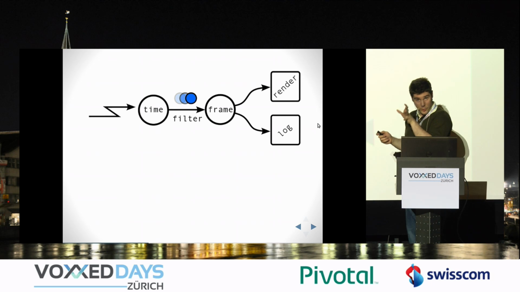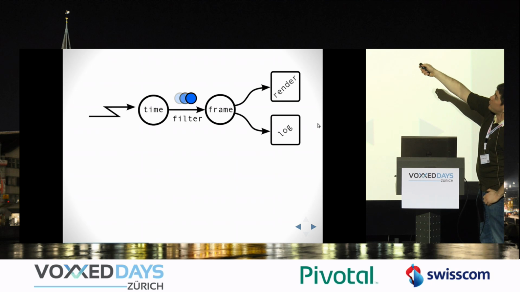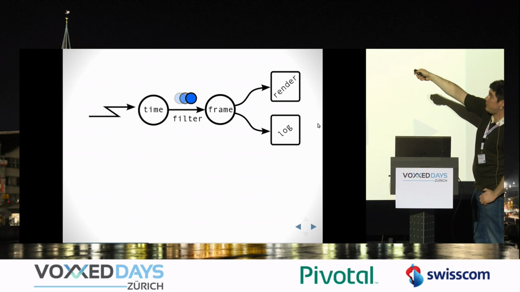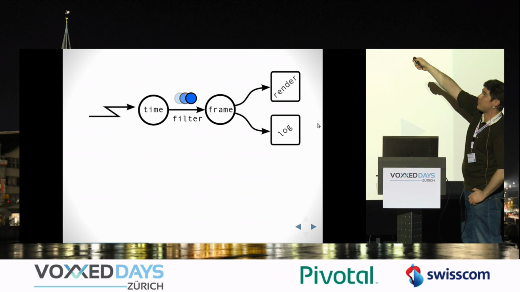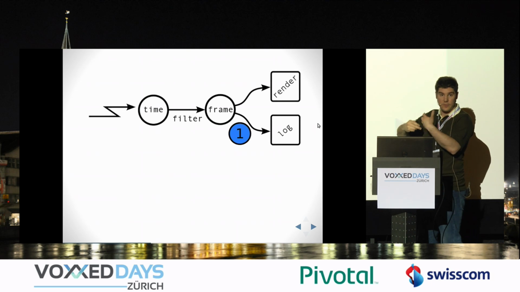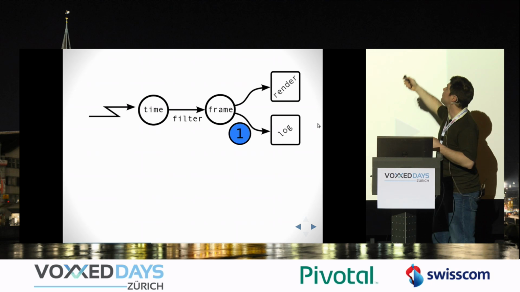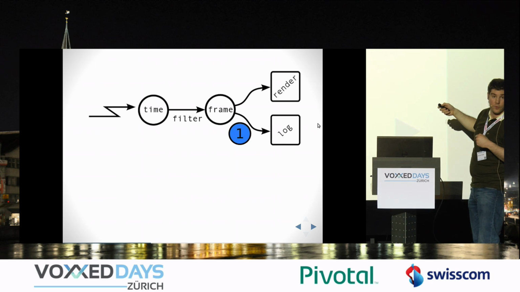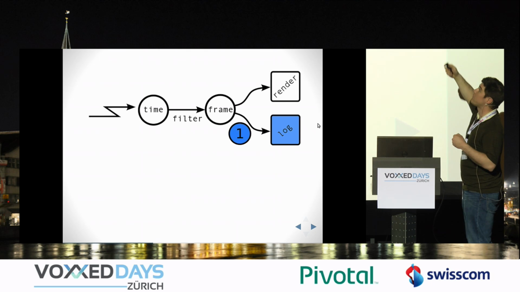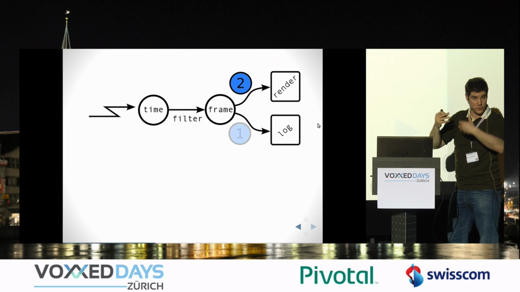The way event propagation works is that first the event gets propagated from time to frame. If it passes the filter, another event gets propagated here. And then it's actually not defined which of these two on-events will execute first. So for example, log could execute first and log something to the standard output, and then the actual contents on the screen could get rendered.